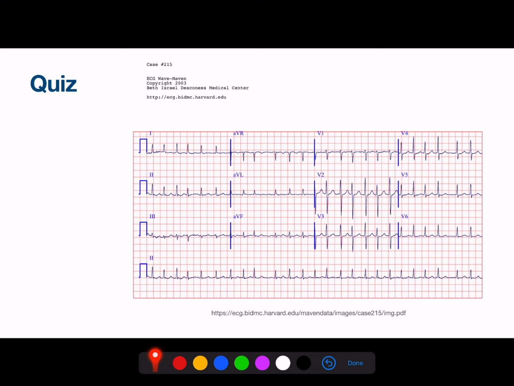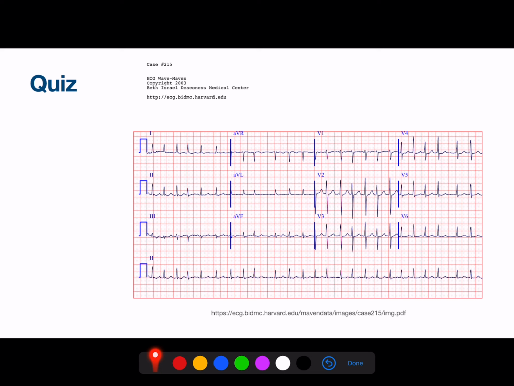So we don't see P waves. The RR interval is irregular. And we don't see, like for example in the AV block second degree, Mobitz or Wenkebach, doesn't matter, any regular, I would call them regular irregularities.